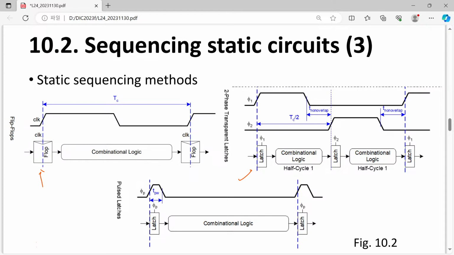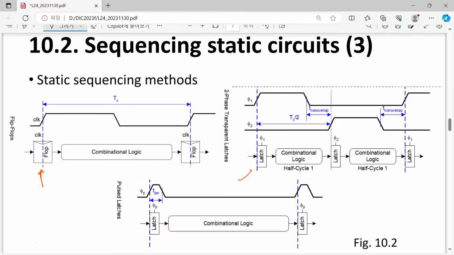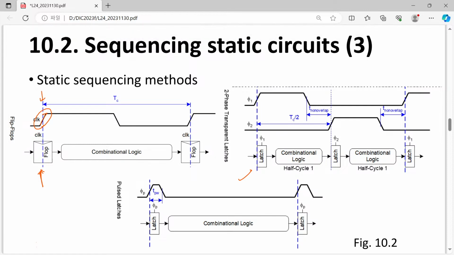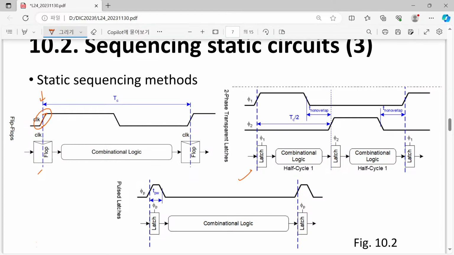Here a signal comes, and here we have a flip-flop, and only when the signal goes up, at this time, sorry about that, this is the time axis here, at this time point, the input signals are instantaneously sensed.